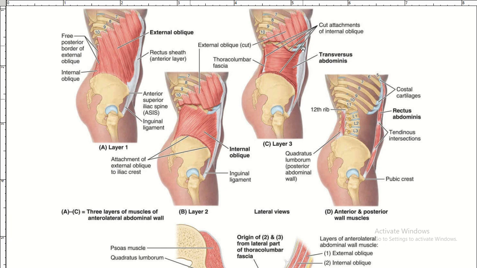So those are the three important lateral abdominal muscles. Take note that all these muscles are innervated by the thoraco-abdominal nerves, T7 to T12, and the first lumbar nerve, that is, the iliohypogastric and ilioinguinal nerves. We understand? Good. So let's take a look at the muscles found in the anterior abdominal wall. That's your rectus abdominis muscle.